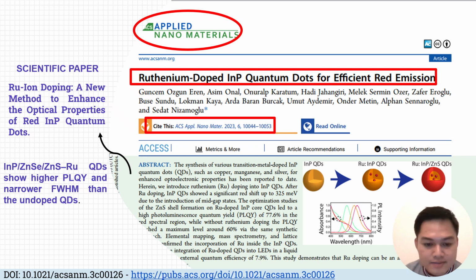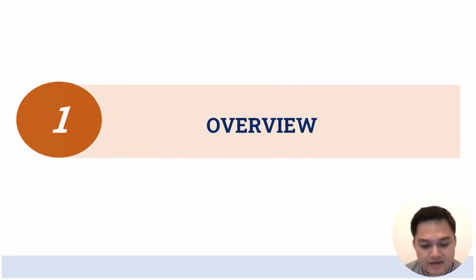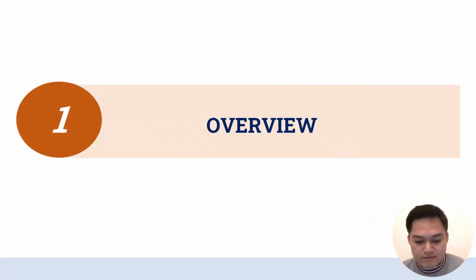This shows that doping is very effective for red emission.